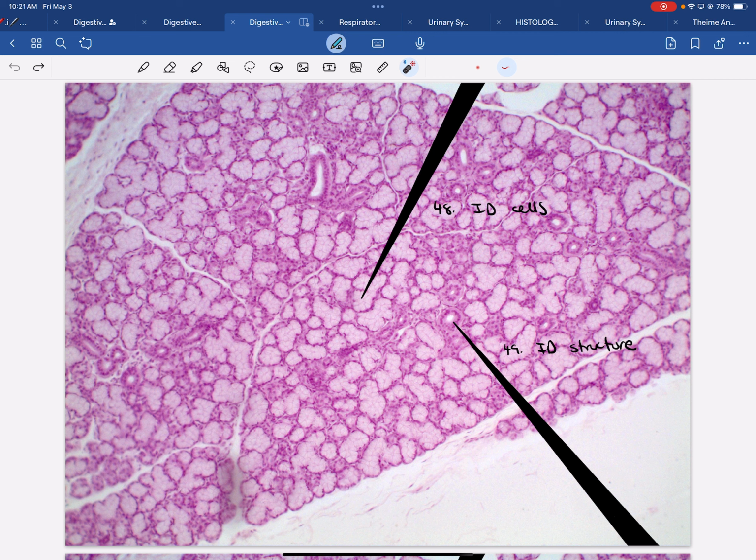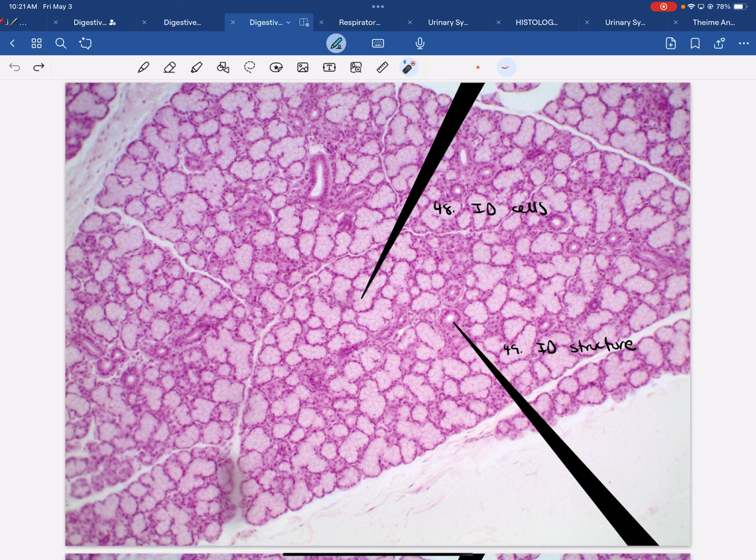Okay, which organ is this? Submandibular. Why is it submandibular? There's a good ratio of mucus acini and serous acini. Maybe? I think it's sublingual. Why is it sublingual?